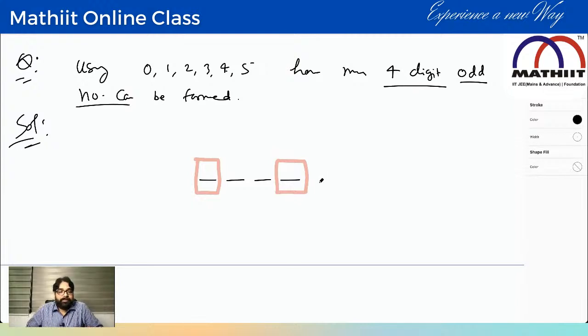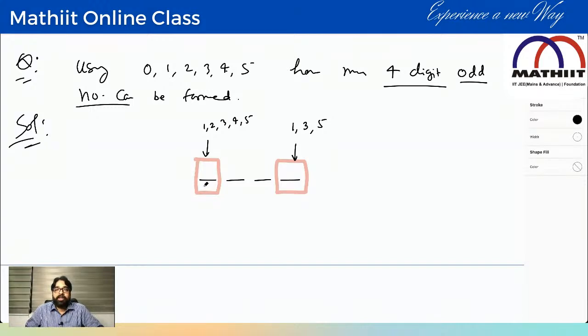Check it here. First thing, at this place, anything can come: 1, 2, 3, 4, 5. At this place, either 1 has to come, or 3 has to come, or 5 has to come. Yes or no? It means anyhow 0 is not coming here.